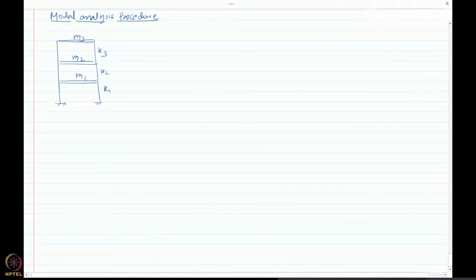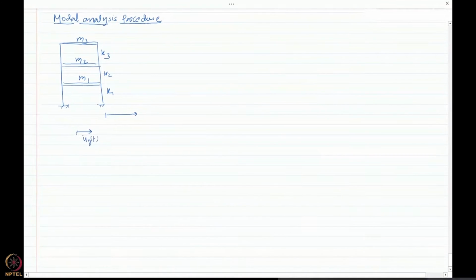Let us say ground excitation u_g(t), because of which I have these displacements here, which are u1, u2 and u3.